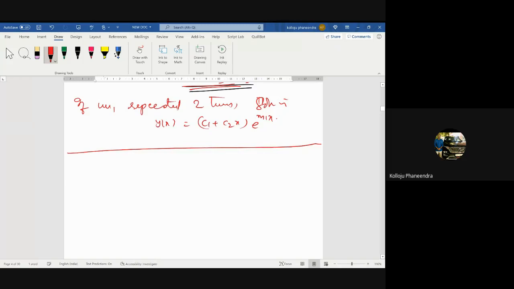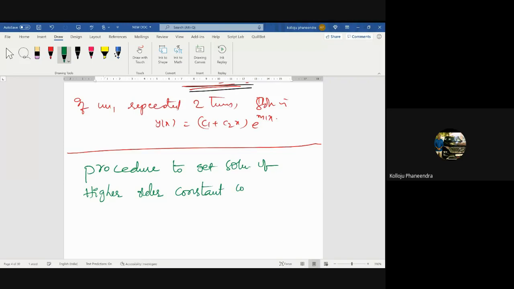Once again I'm listing the procedure to get the solution of higher order constant coefficient linear differential equation.